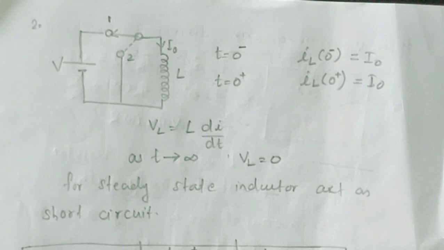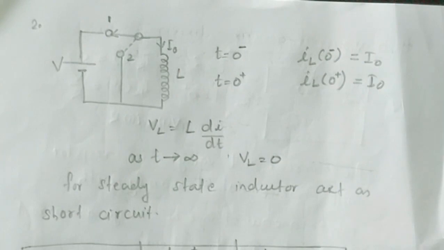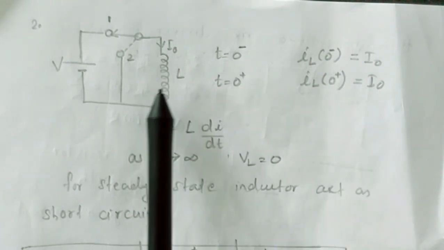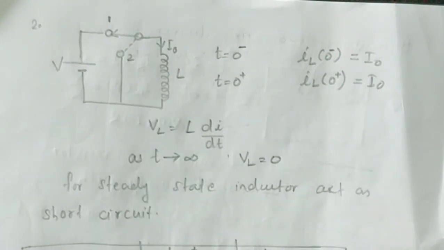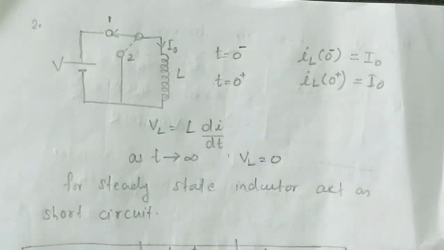VL becomes infinity means it is open circuit. So immediately after switching, inductor is open circuit. Now let's see the behavior of this inductor as t tends to infinity. As dt in the denominator becomes infinity, this entire term becomes 0. So what is the meaning of VL becomes 0? When voltage across a particular element becomes 0, it is short circuited.